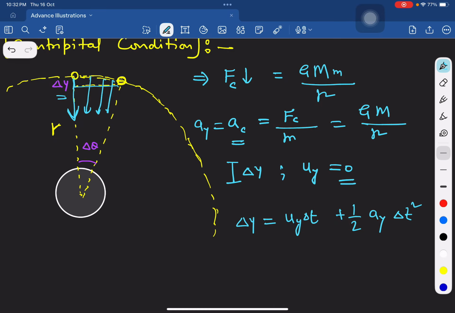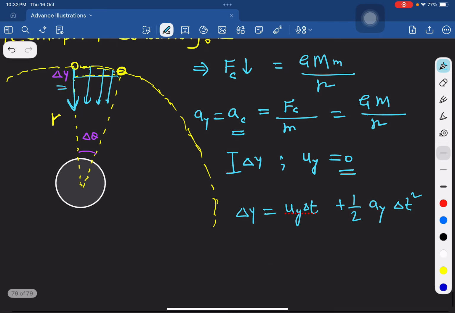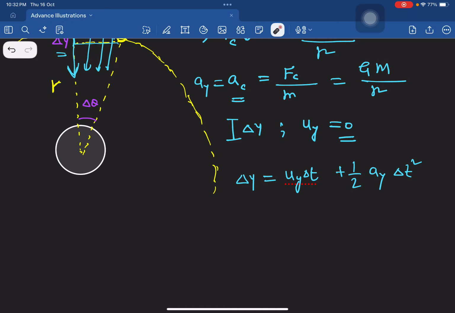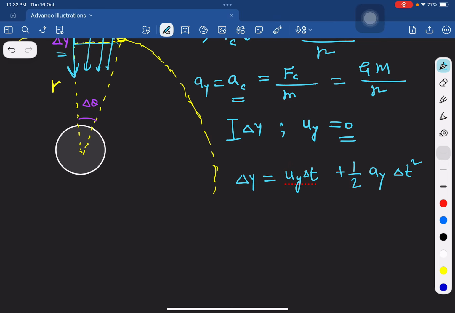This we can write. Because the uy is 0, we can make this equal to 0. So delta y is equal to half ay delta t square, okay. Half ay delta t square. I hope this is okay.